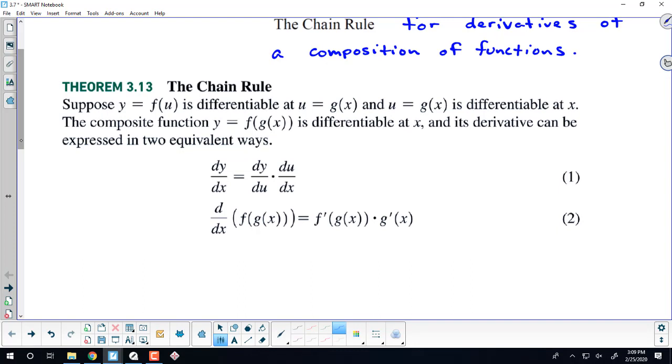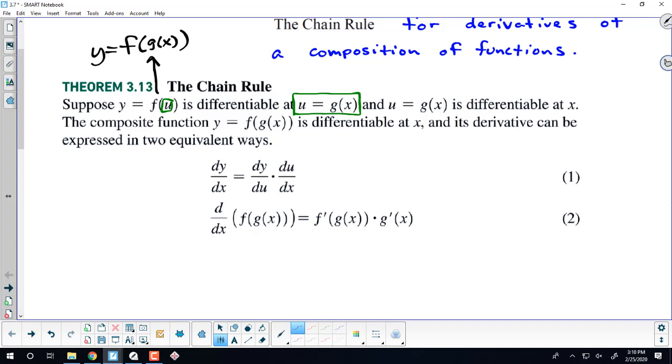It says suppose that y, which is f of u, is differentiable at u, which is g of x. So u is g of x, which means we could read this as f of g of x. They've just already made that substitution. Let u be g of x, but this is the same thing: suppose y is equal to f of g of x.